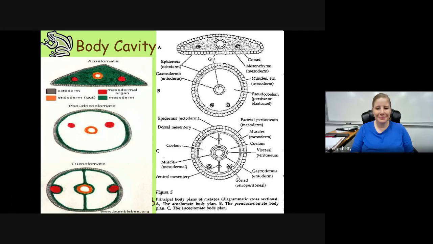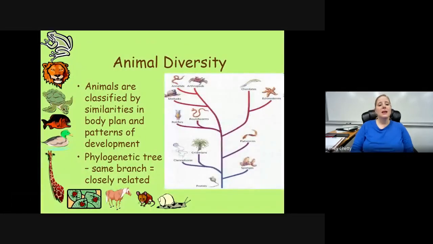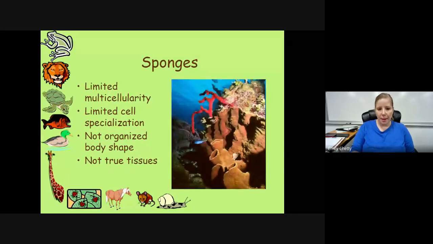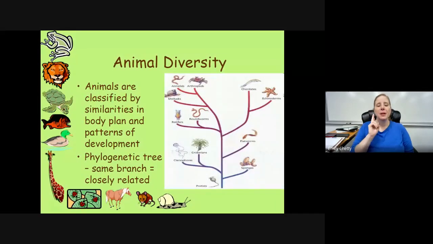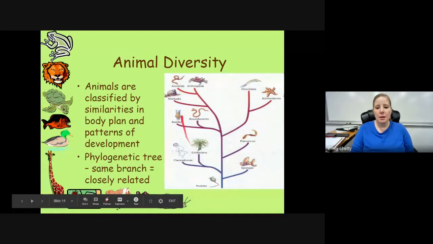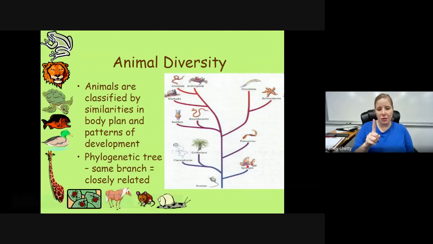Using body cavity, symmetry, and germ layers, we help construct the phylogenetic tree. Here are protists. This is what animals probably came from. Everything above this line is going to be an animal, right above the word protist. Sponges have no true tissues, limited multicellularity, and asymmetry.